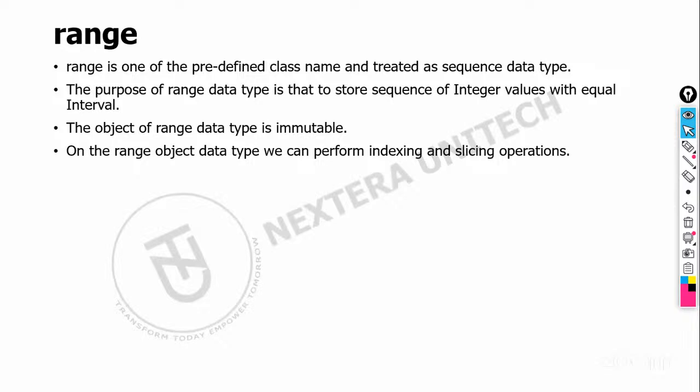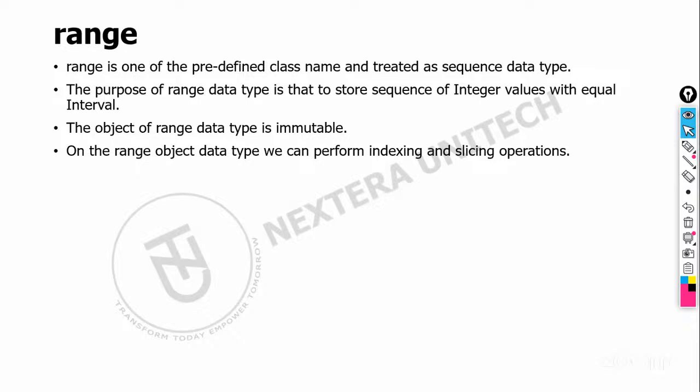So the task for the day is to work out multiple examples for the range data type. In the same way, take whatever syntaxes we have come up with, have a quick overview, understand the syntaxes, go through the concepts again, and work out multiple examples.